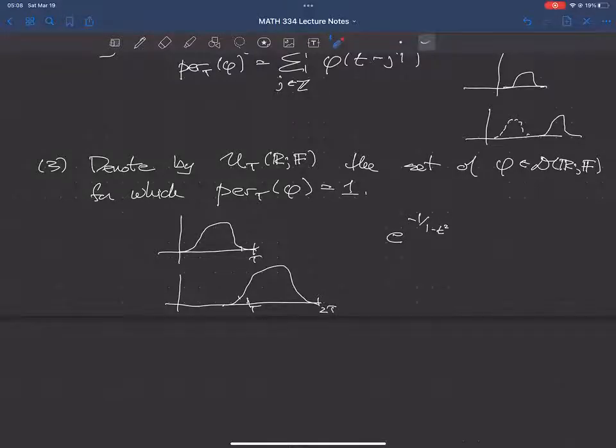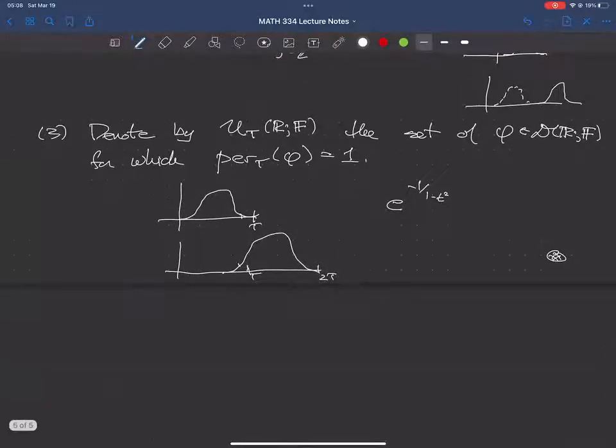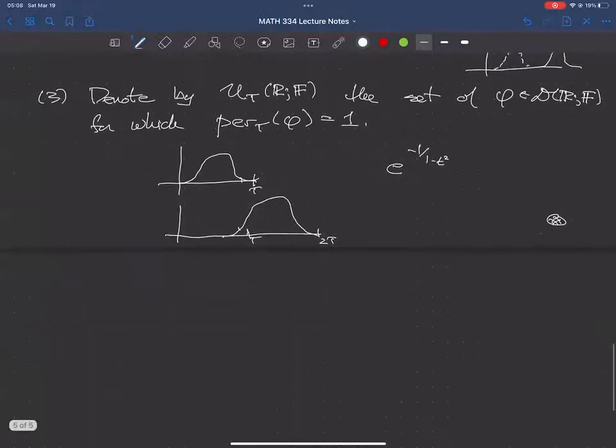So there are our examples. Once you have your test signals and their convergence in that space of test signals, the definition of the corresponding class of distributions is just that it's the continuous dual.